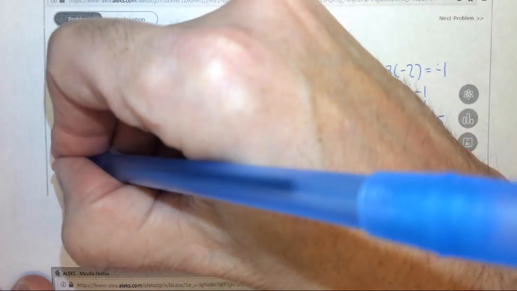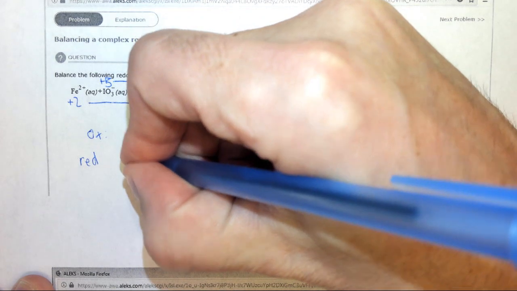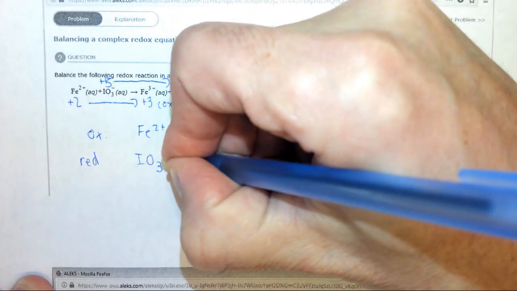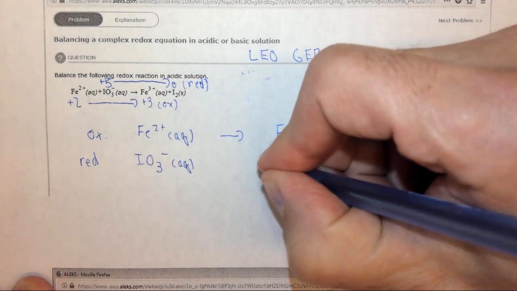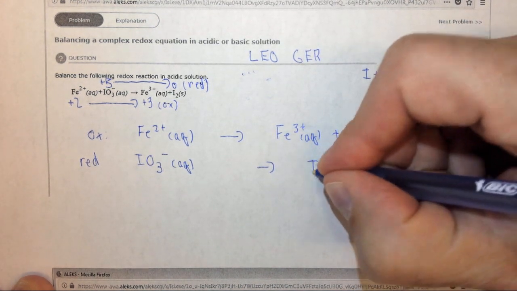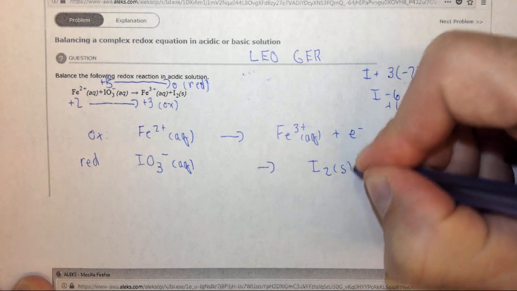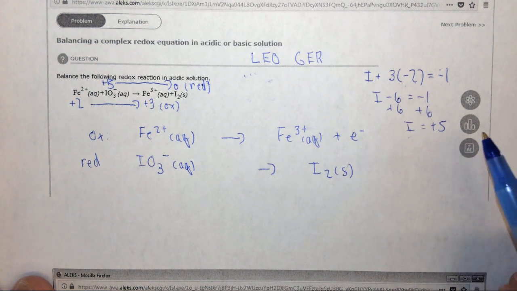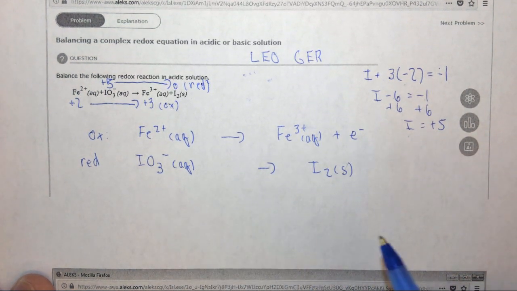And then now let's look at our reduction half reaction. We have IO3- aqueous yields I2 solid. And in this case, we need to figure out how many electrons we've transferred.